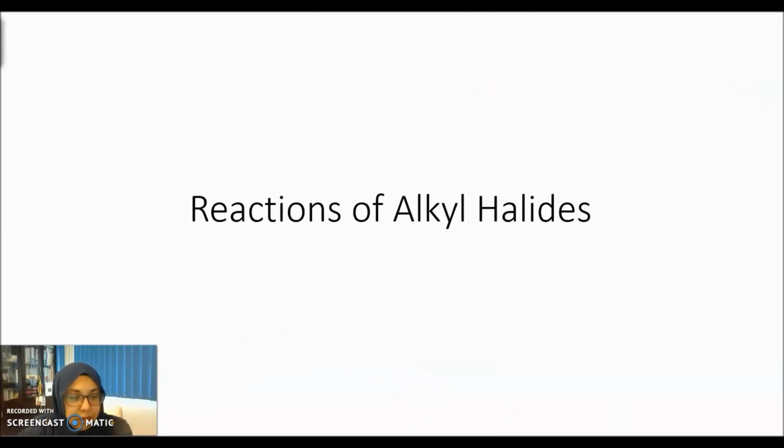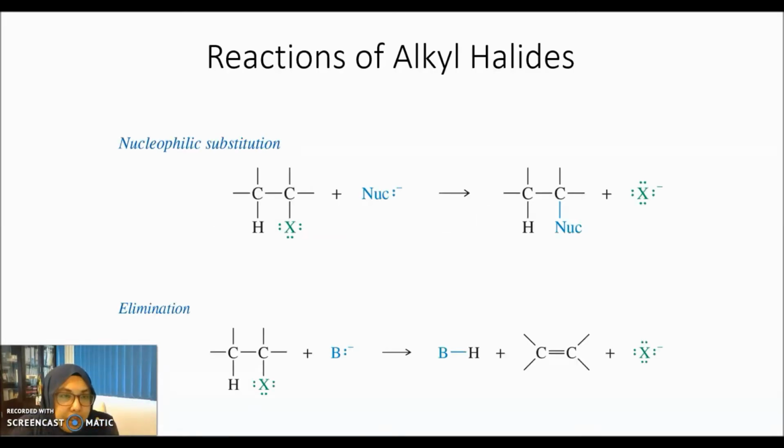Then we will look at the reaction of alkyl halide. Reaction of alkyl halide can take place in two ways. One is nucleophilic substitution, where you have a nucleophile and you substitute the halogen with the nucleophile that we use.